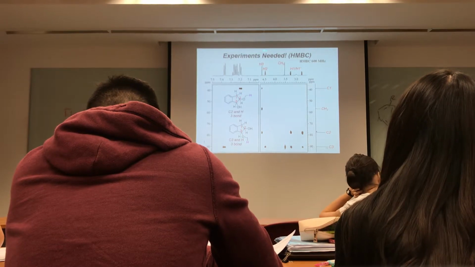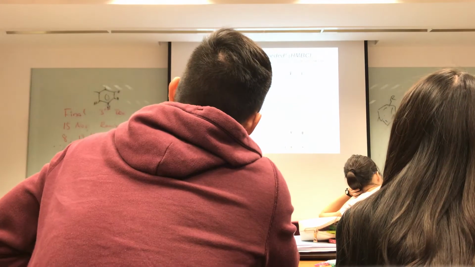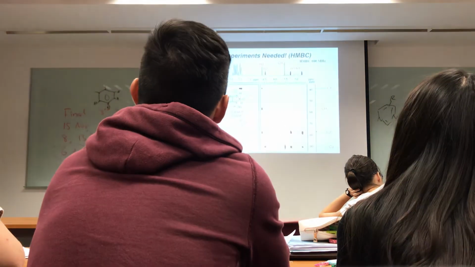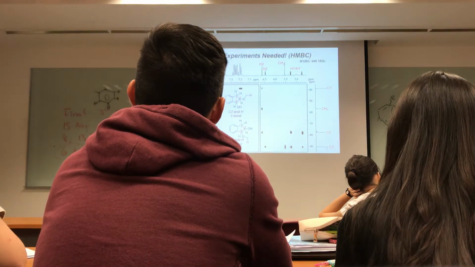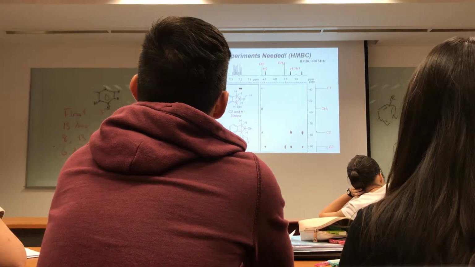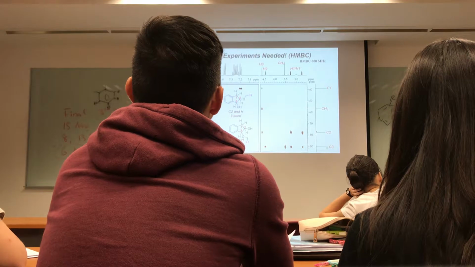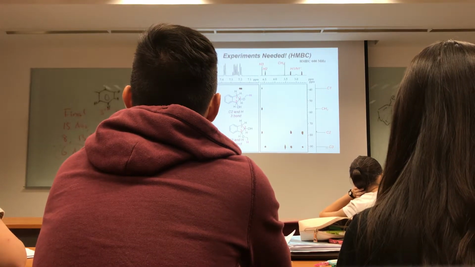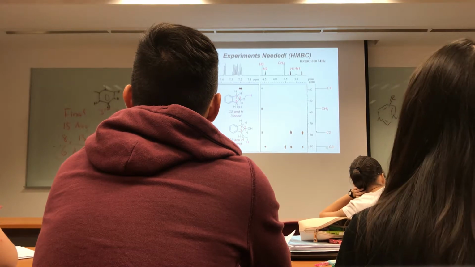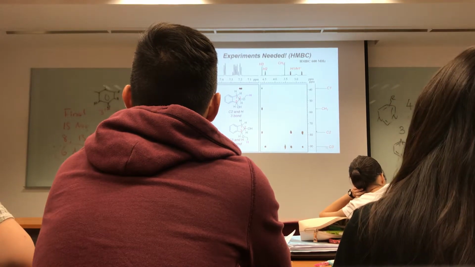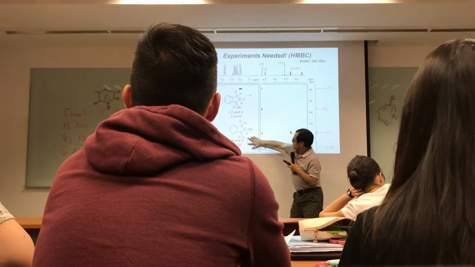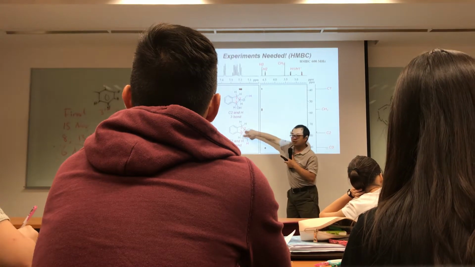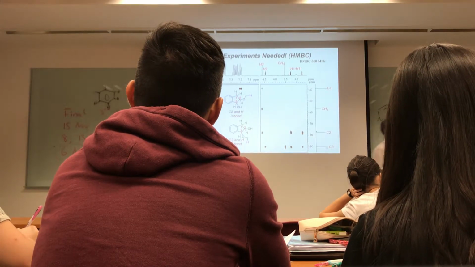If it's the top structure, the methyl group will show correlation with carbon 2. Right? 2 bonds away, 3 bonds away. If this is the bottom structure, this methyl group will, 1 bond, 2 bond, 3 bond, see carbon 3.